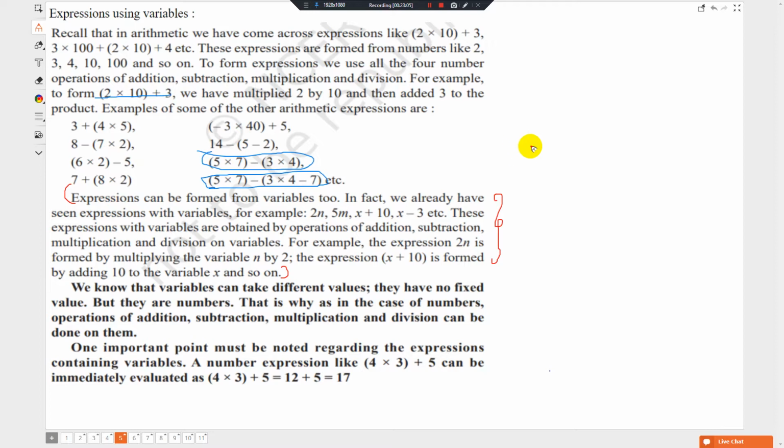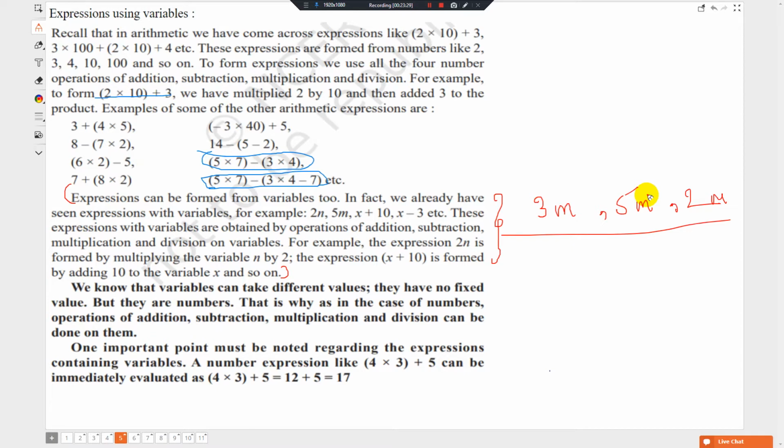So expressions like 3m, 5m, these are expressions. Instead of this big paragraph, I'll tell you a simple definition.